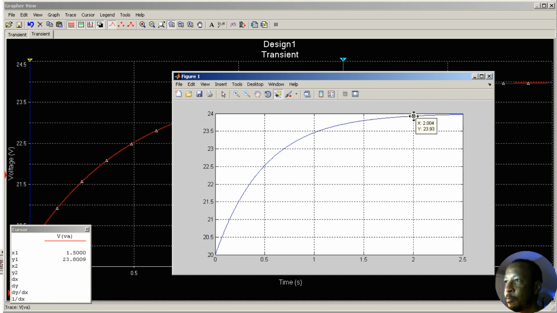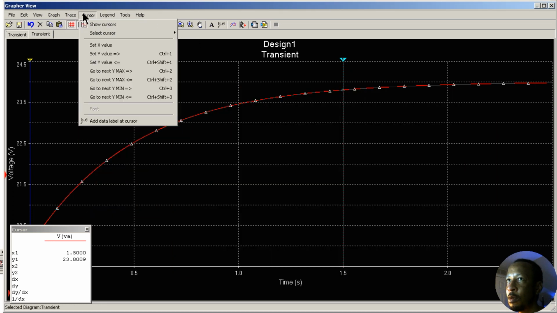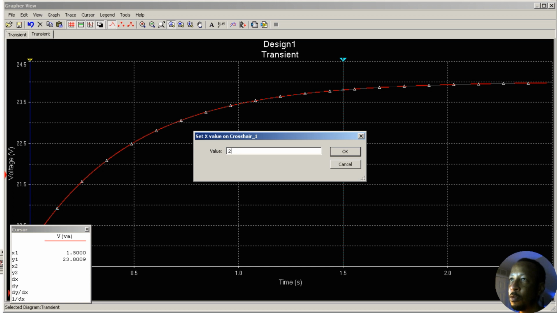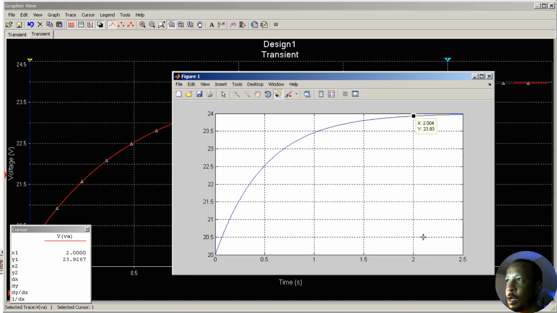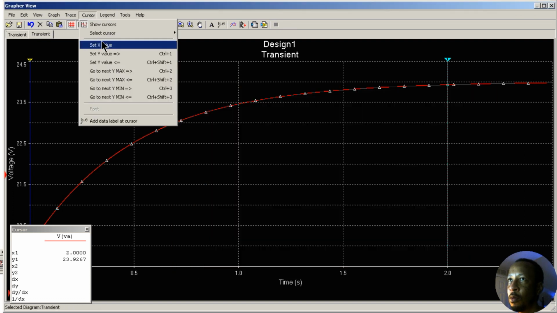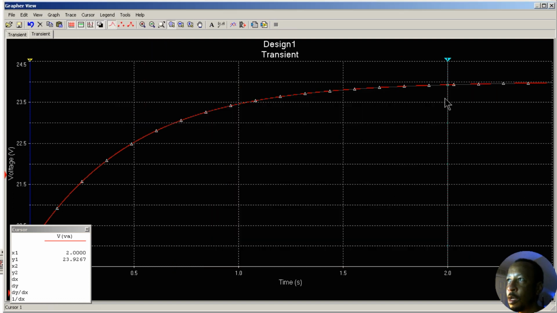Next thing over, I'll say 2. And what do I get there for 2? I get 23.93 approximately. What do I get here? 23.93. And then I'm going to go all the way to 2.5. I can just slide that over to 2.5 because that's the end of my simulation data.